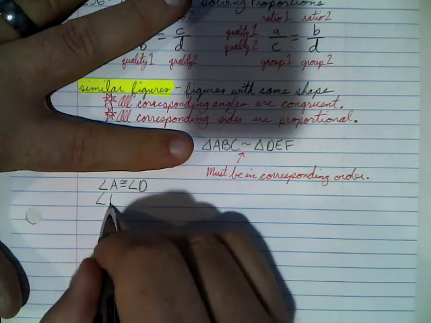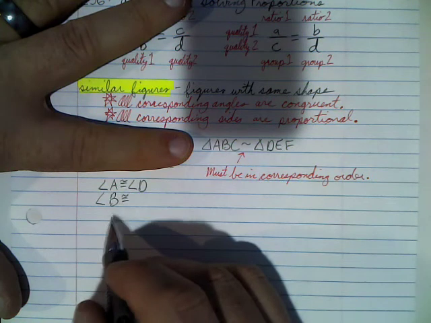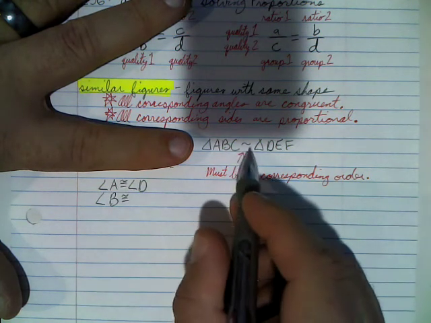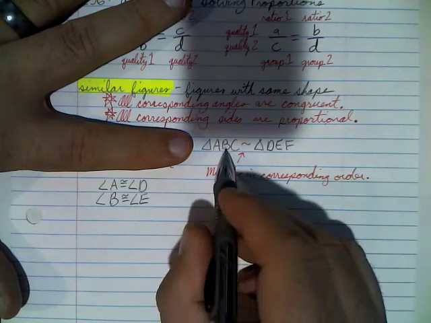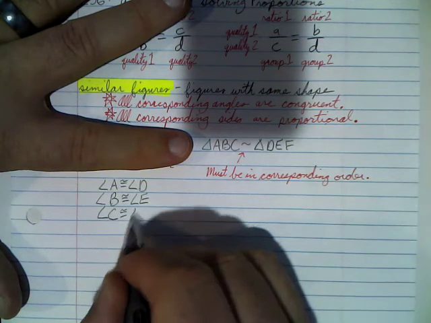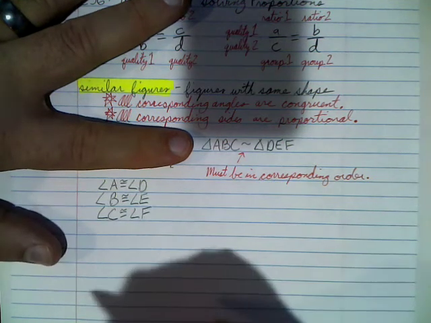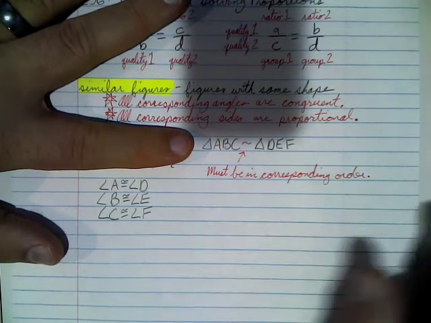Therefore, I also know that angle B is congruent, and by the way, that's the congruent symbol, an equal sign with that same little mark above it, to angle E, so B and E correspond. And finally, angle C is congruent to angle F. Instantly, I know that just because of what's written here.